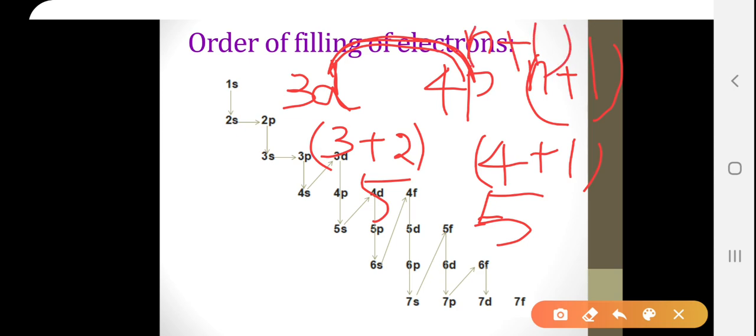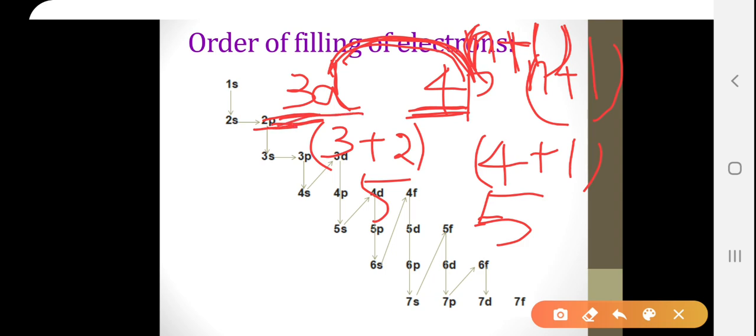So for these two subshells, the n plus l value is the same. So how can we decide to which orbital the electron will enter first? This will be confirmed by the n value. These two contain the same value of n plus l, so now we take the principal quantum number which has the lower value.